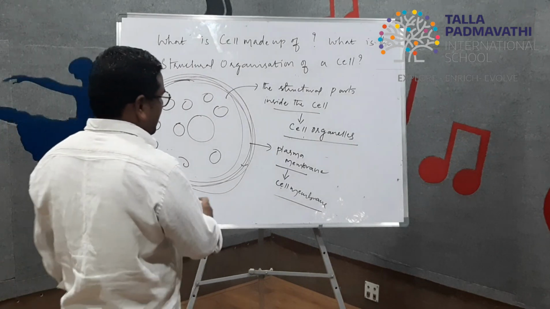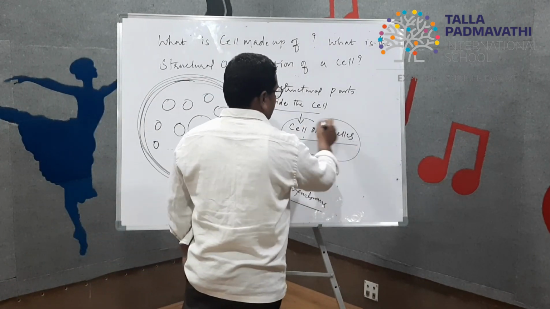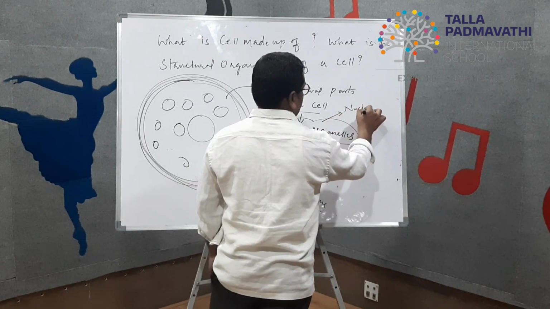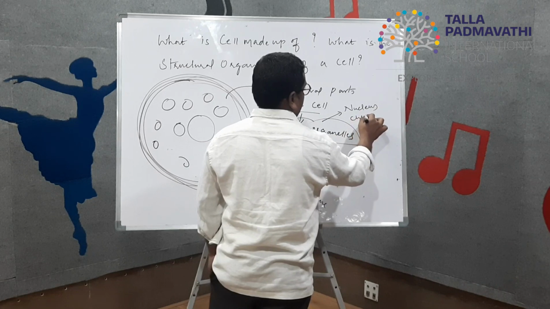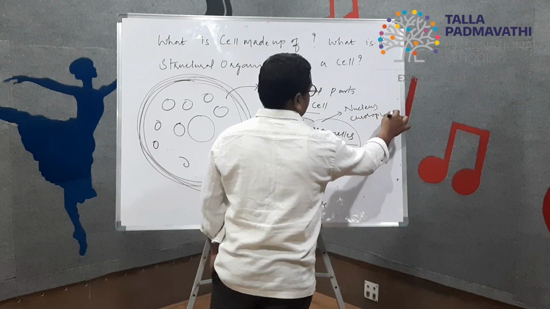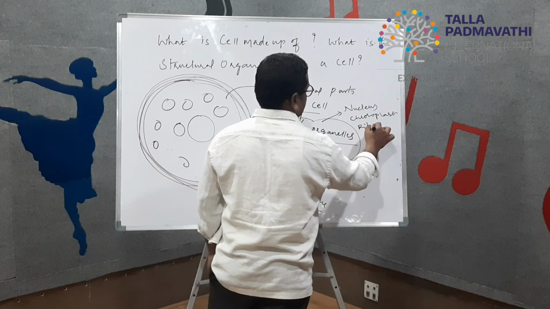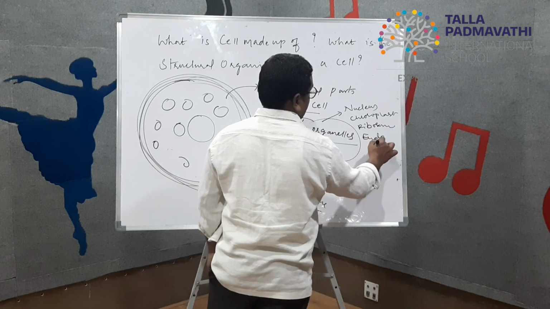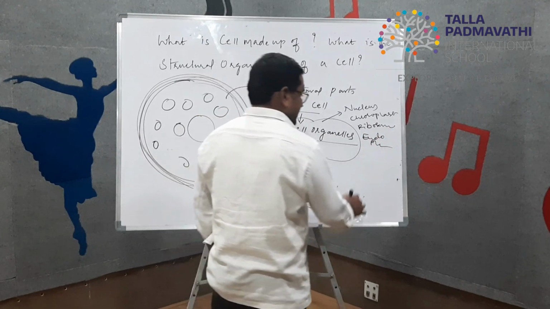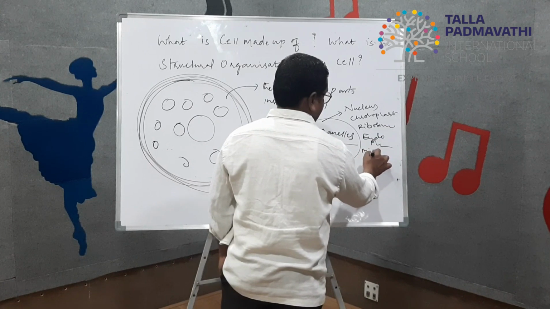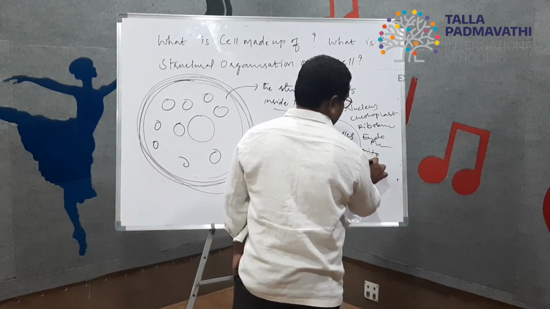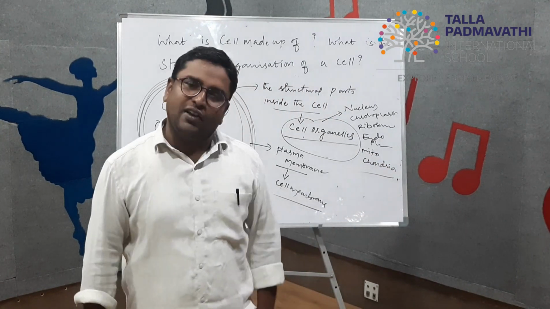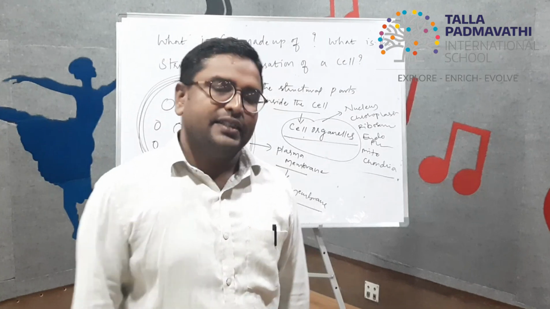Some examples of cell organelles are nucleus, chloroplast, ribosomes, endoplasmic reticulum, mitochondria. All these are the different types of cell organelles that we will understand later.